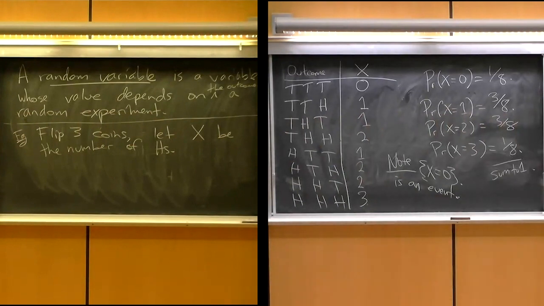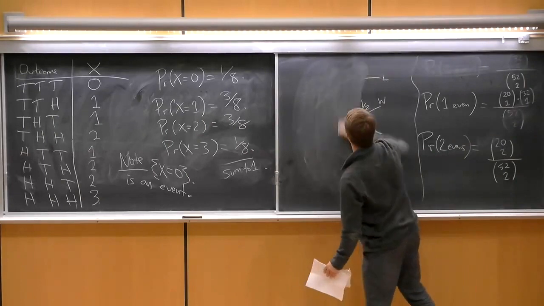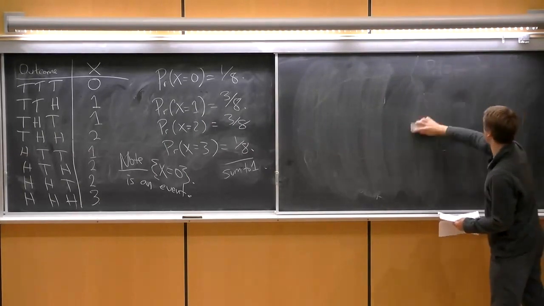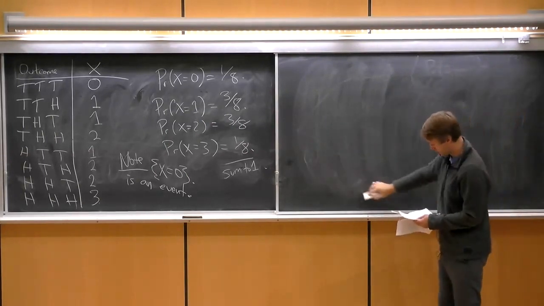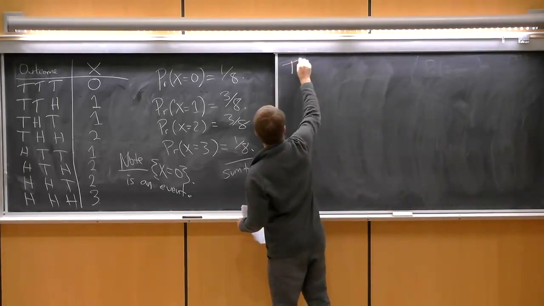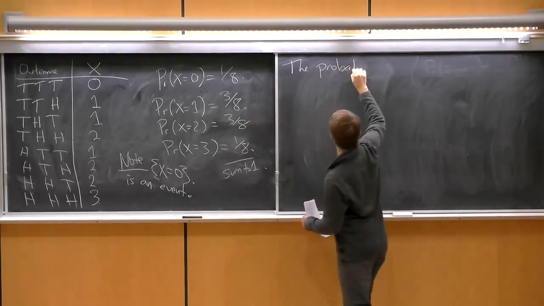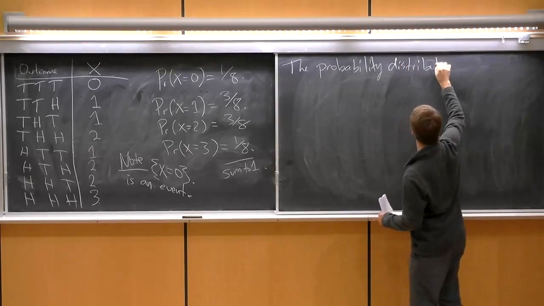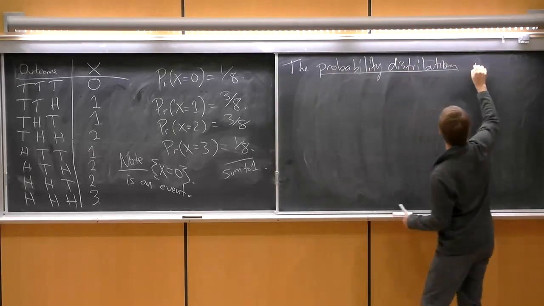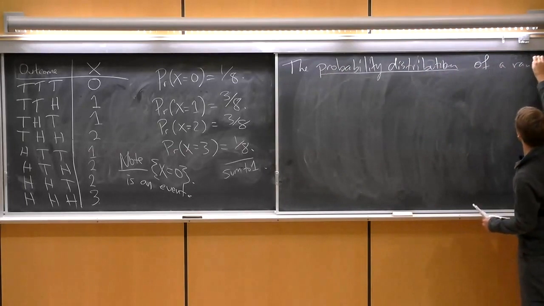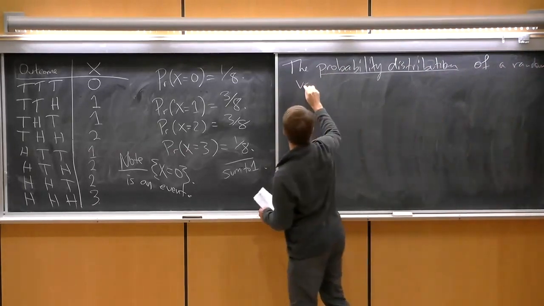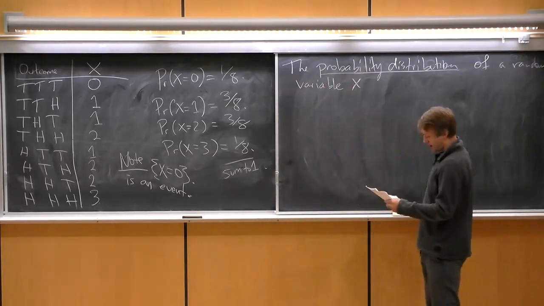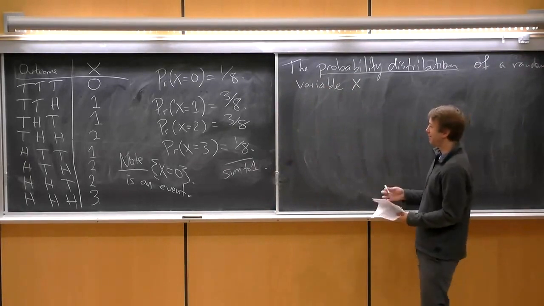now let me introduce something called a probability distribution. The probability distribution of a random variable x. Now, there's not a really good way of describing this.